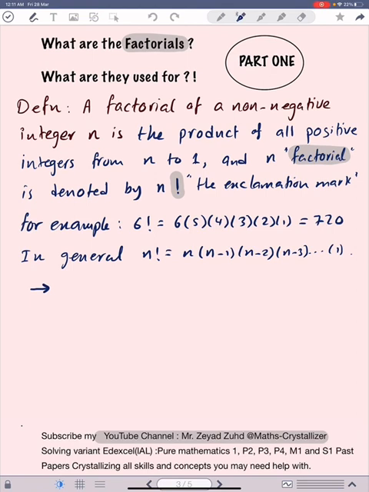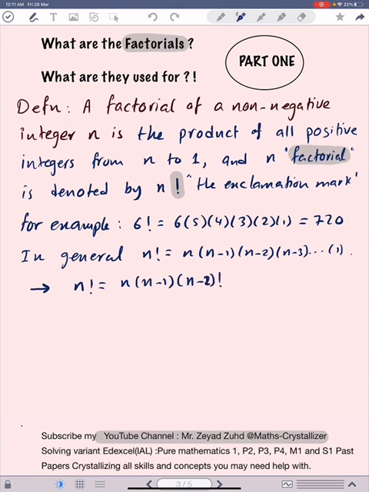We may use some special cases to simplify some expressions with factorials, as will be coming in the next parts for other uses. For example, we may write n factorial equals n times n minus 1 times n minus 2 factorial.